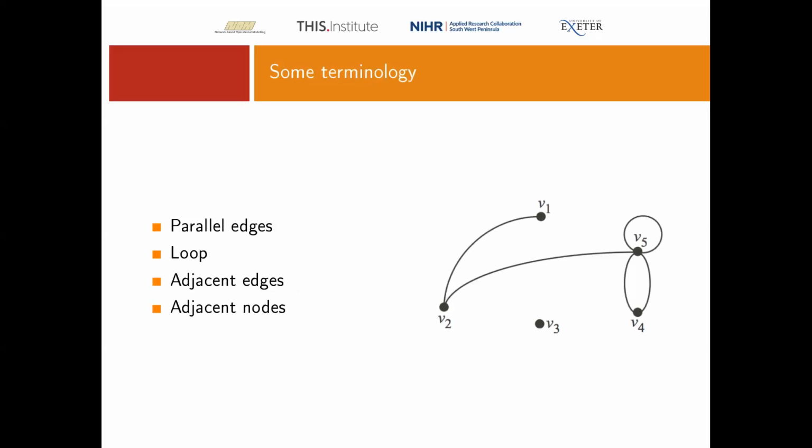So just to go back here. If we're describing this edge between V1 and V2, in an undirected graph, it doesn't matter which way around we describe it, but we need to describe it one way around. So V1 can be our source node, and V2 our target node.